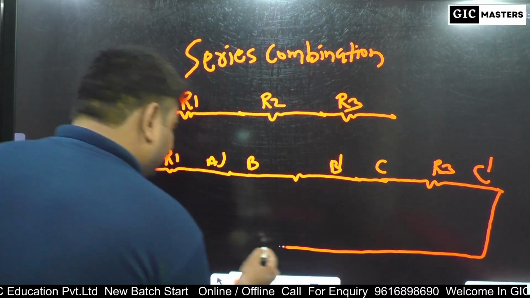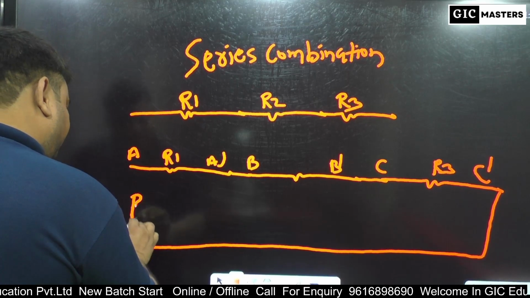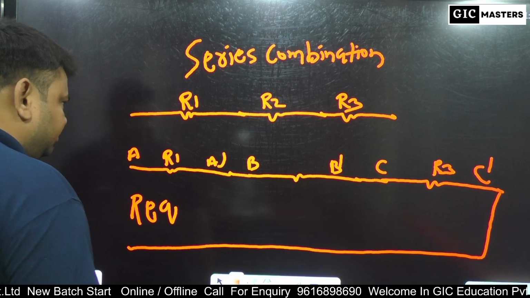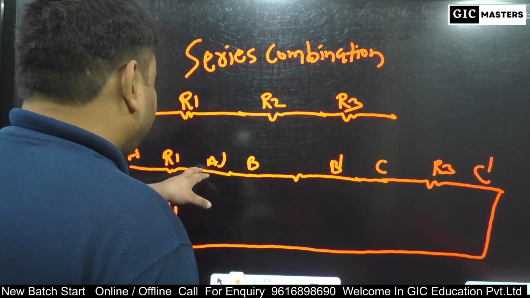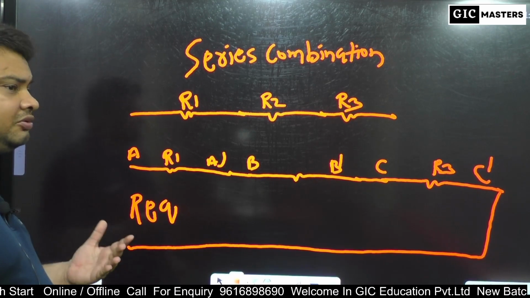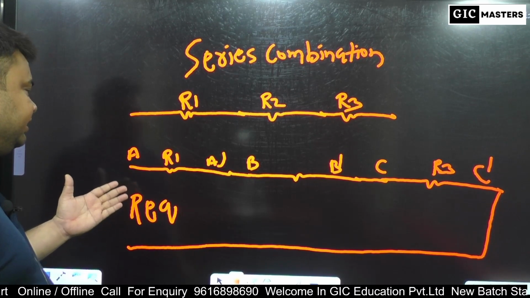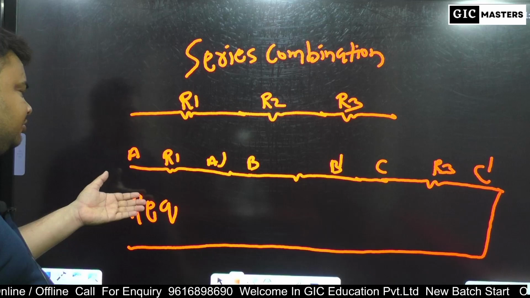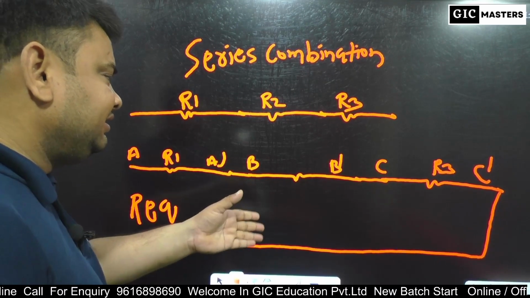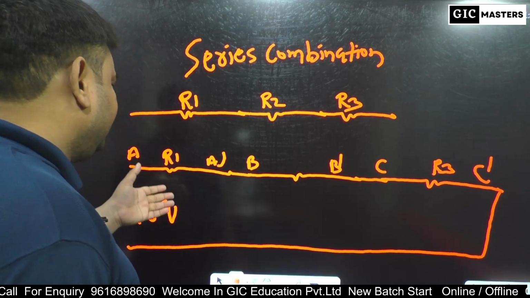This connection is called series connection, because each resistor has two terminals: R1 has A and A dash, R2 has B and B dash, and R3 has C and C dash.